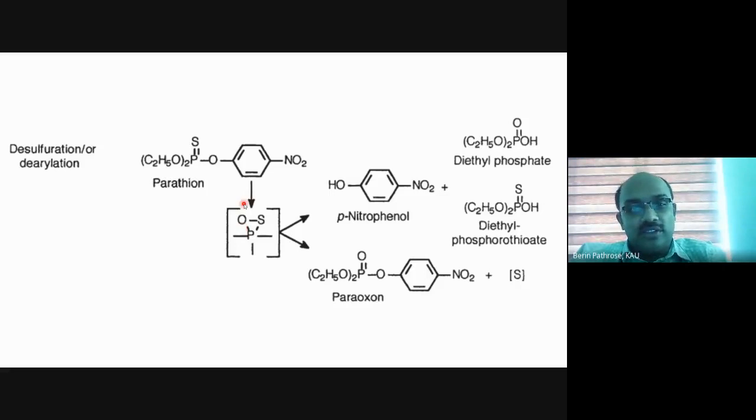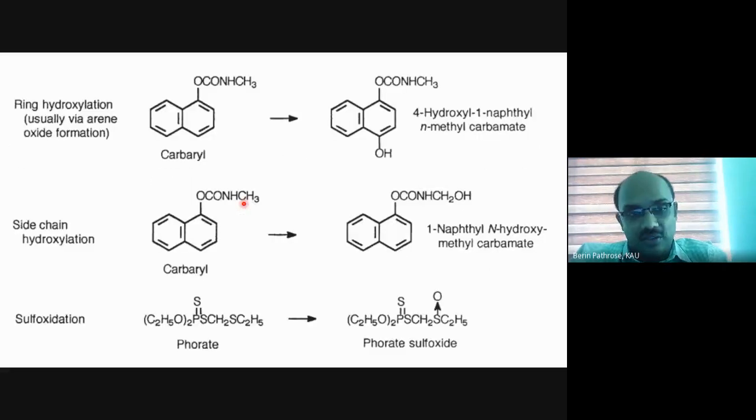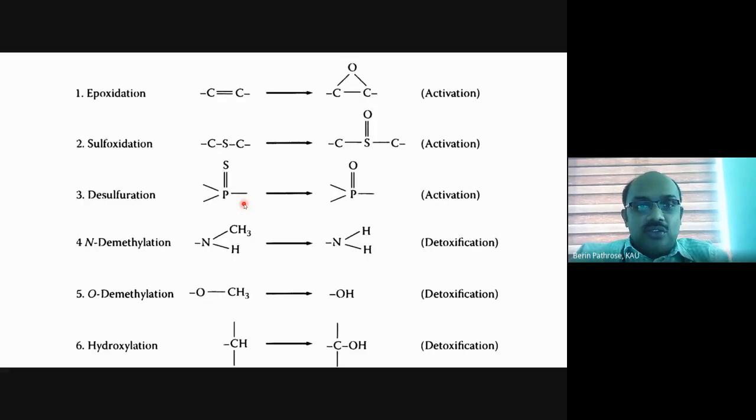Then one more we have seen, sulfoxidation. So this is in a nutshell what we have discussed: epoxidation, sulfoxidation, that means addition of oxygen to sulfur; desulfuration, removal of sulfur and addition of oxygen. All these three, epoxidation, sulfoxidation and desulfuration, are activation reactions.